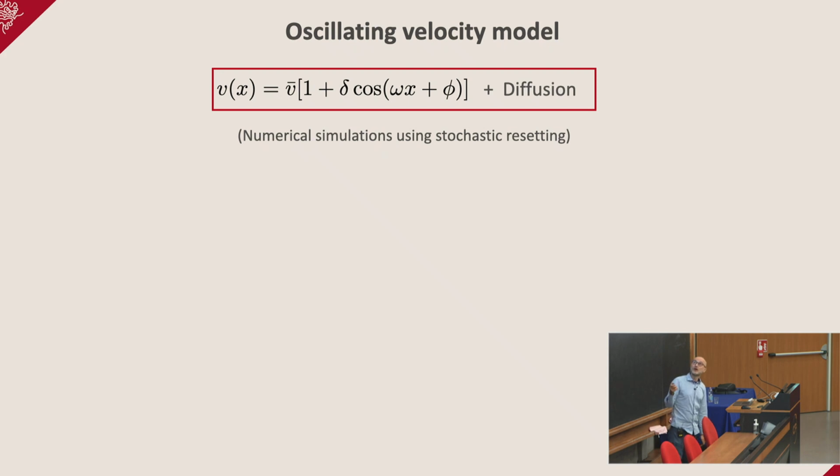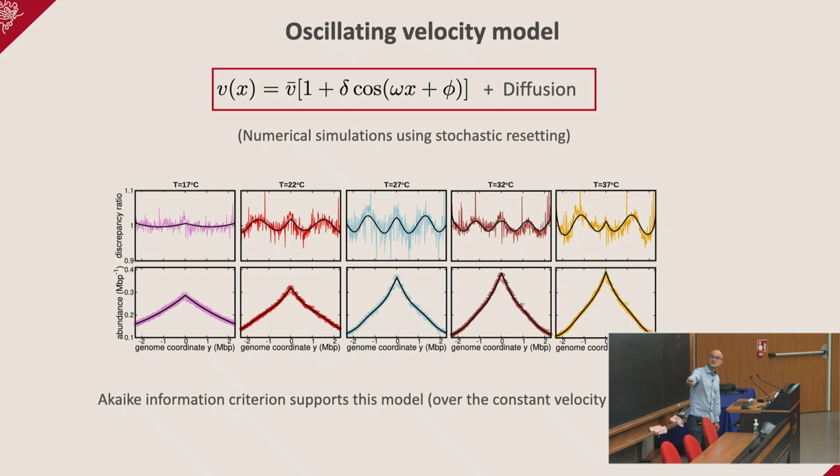In this case, we couldn't solve the Fokker-Planck equation with resetting analytically, so we just did numerical simulations. And it turns out that this model fits the data very well. These are the solutions for the DNA abundance. You can see that it's not really exponential. It's like a modulated exponential.